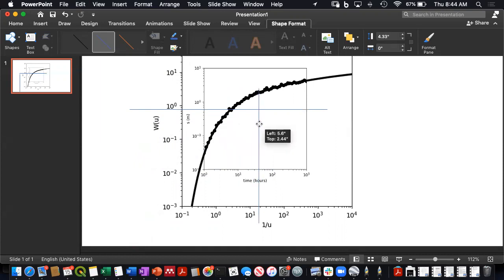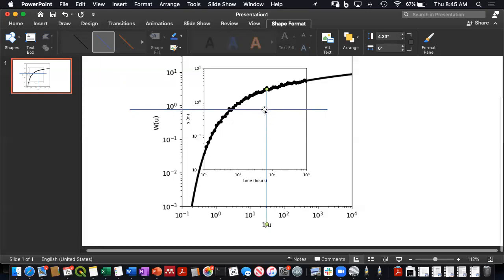I'm going to try to find a place here where I hit a tick mark. So that one right there hits tick marks on two scales. Okay, so now I've got a match point. This right here is called my match point.